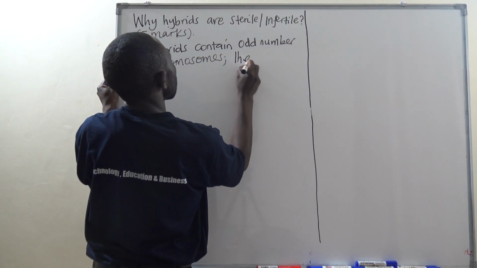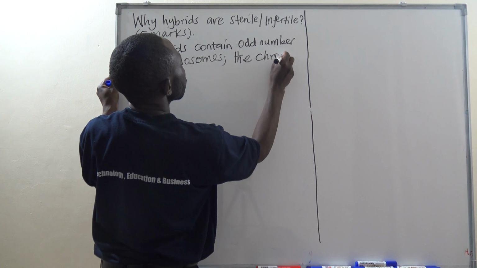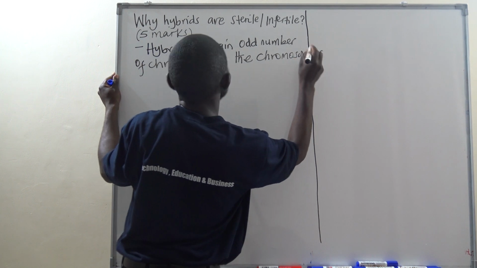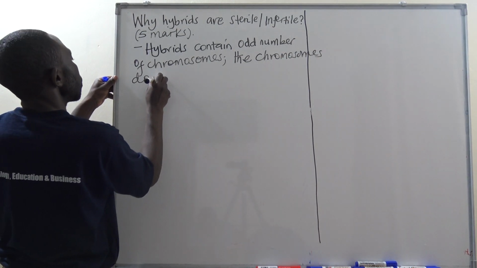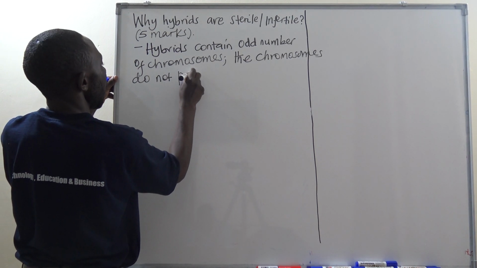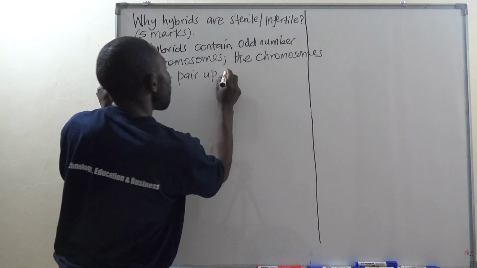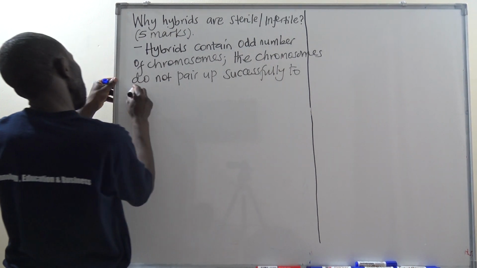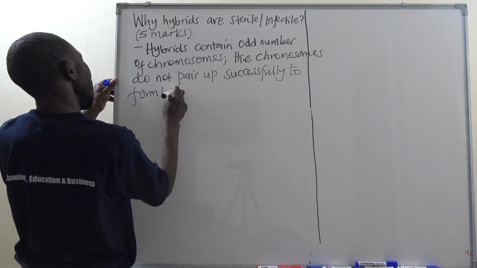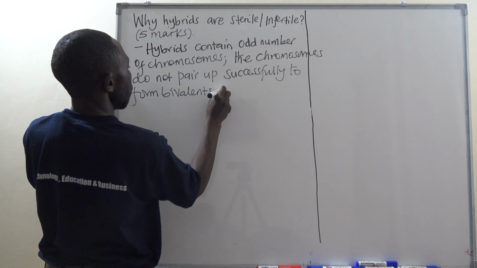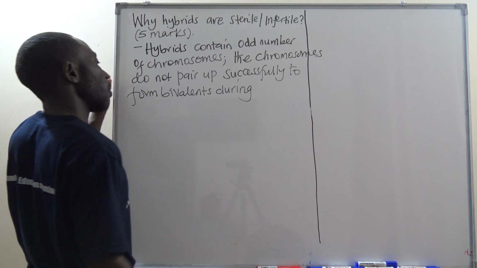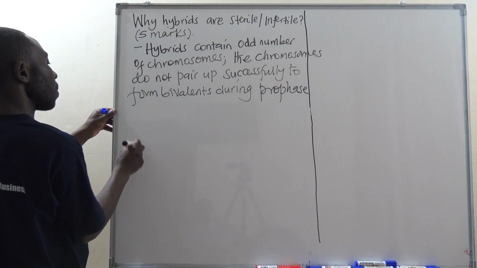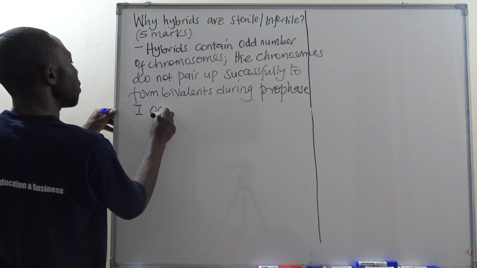Then the chromosomes do not pair up successfully to form bivalents during prophase 1 of meiosis.